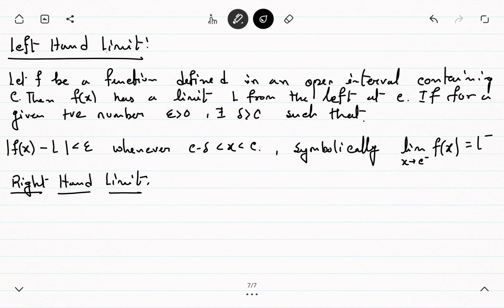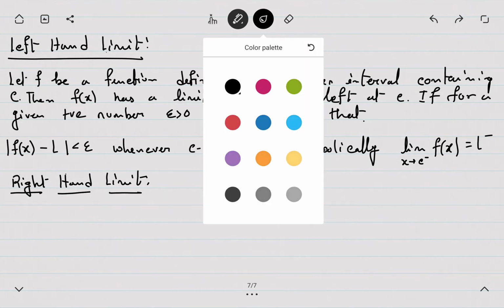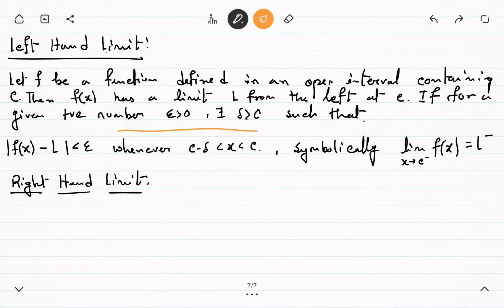You try to define these things first. So I'm saying verbally, I'm not writing. Let f be a function defined in an open interval containing c. The same thing you will write, but how will the changes look?